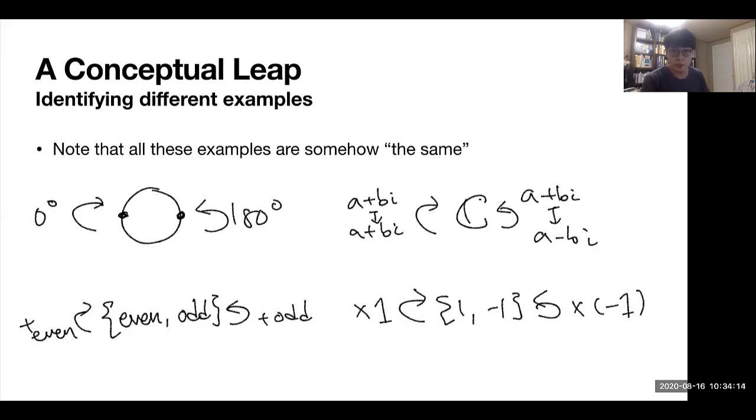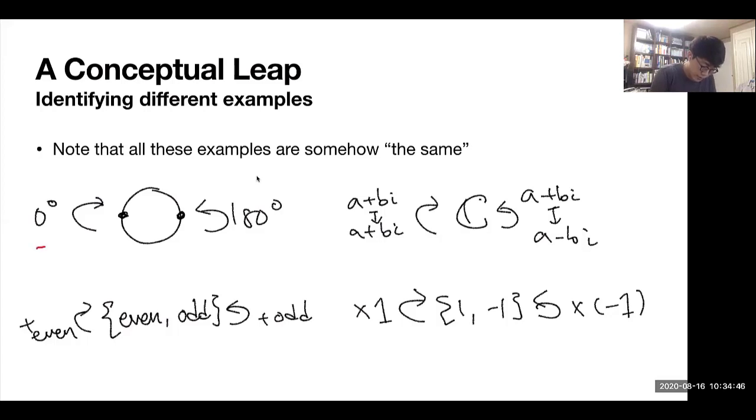One of them is a stupid one, which does nothing to your object, or leaves your object exactly as it is. And the other one is some sort of non-trivial transformation that does something to your object, but still leaves it invariant in the sense that the set as a whole stays the same.